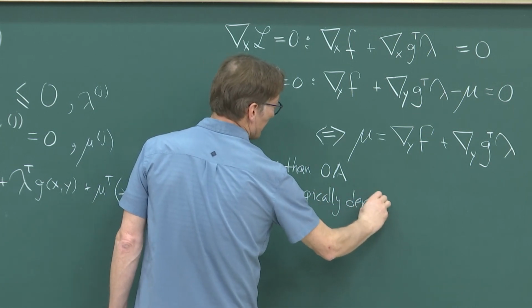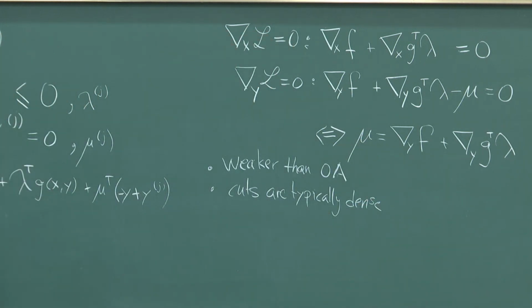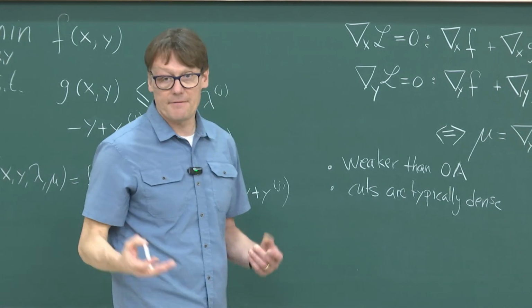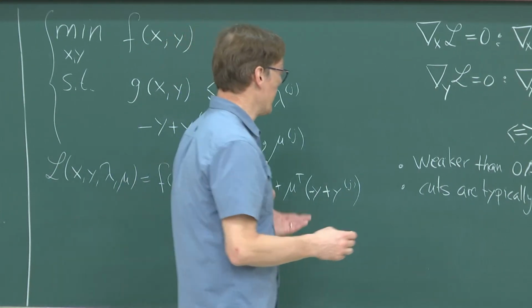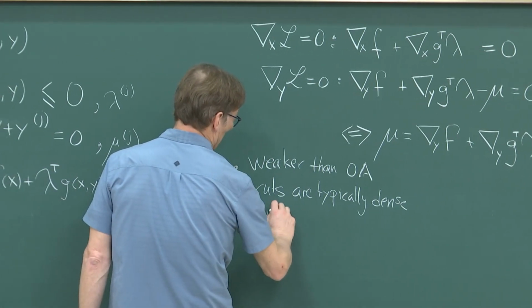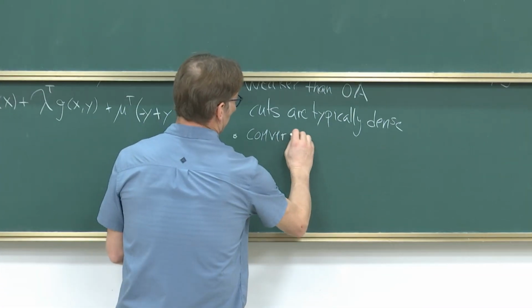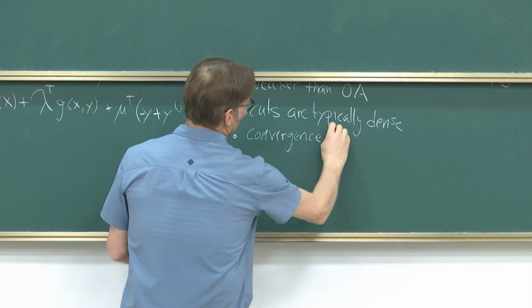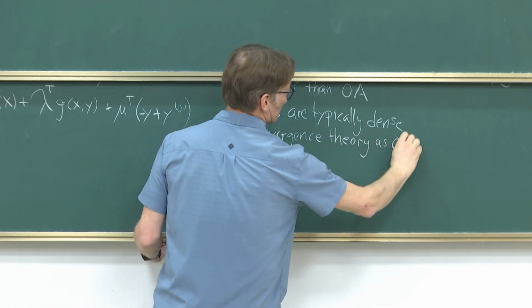So that means every entry in this gradient is non-zero. And that affects how the solvers work in some ways. But the convergence follows the same theory as outer approximation.